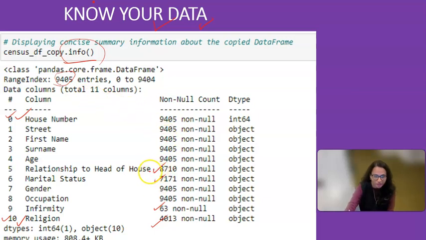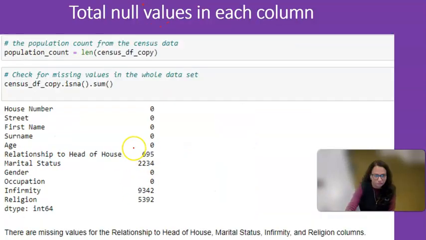We can see that there are 4 columns in which there are fewer values than that, meaning there are null values in these 4 columns. Now the formula .isna().sum() tells us that there are 695 values in relationship to the head of the house which are NaN, and similarly there is a count for other NaN values.